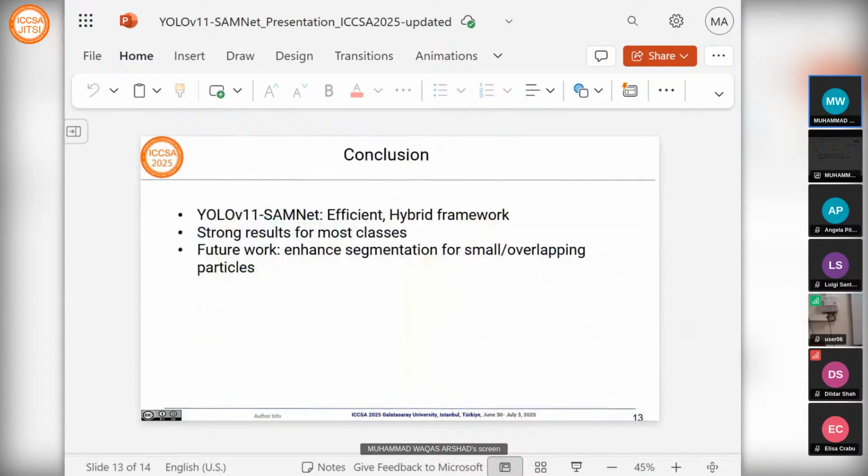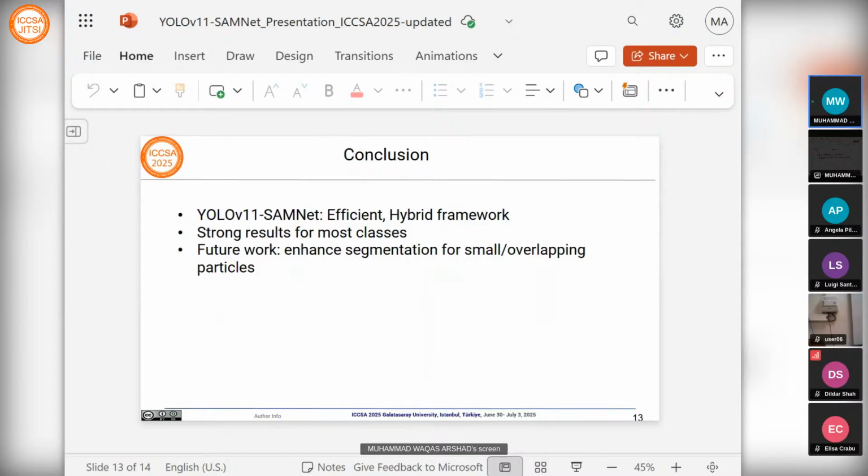So about the conclusion, what we present is a hybrid framework integrating both YOLOv11 and SAMNet. YOLOv11, as we know, also has segmentation capability, but because it is popular only in terms of detection, we use it for detection, and then we integrate it with SAMNet, so that it provides efficient and effective results.